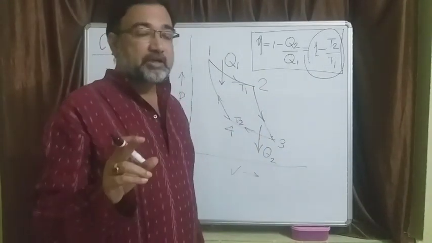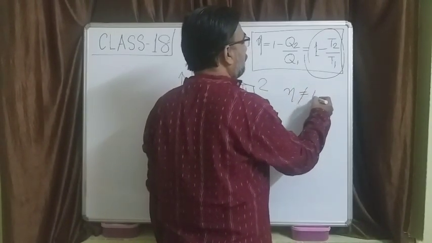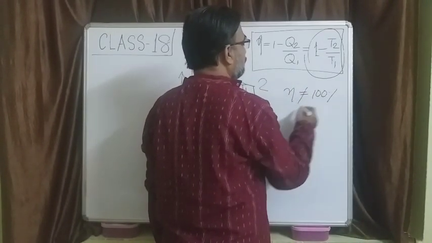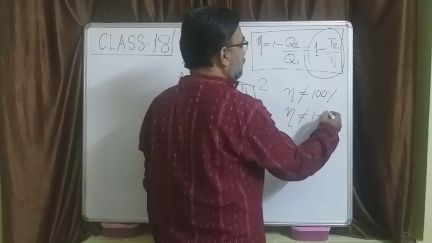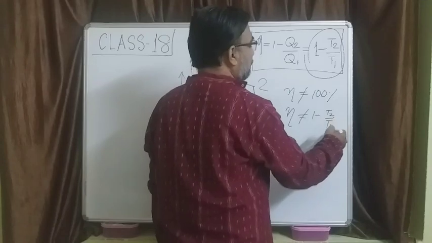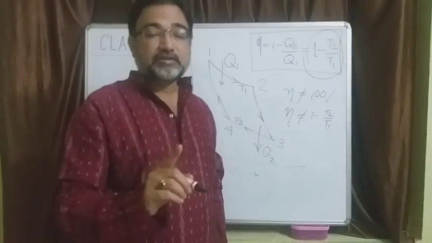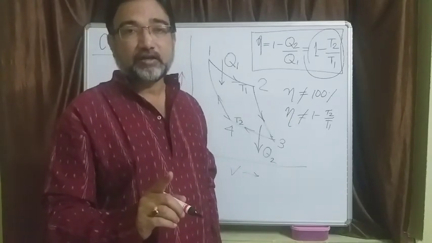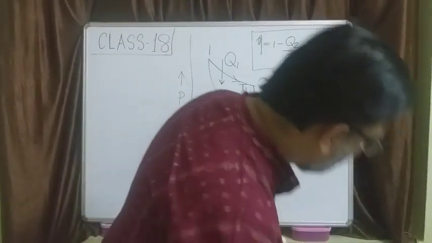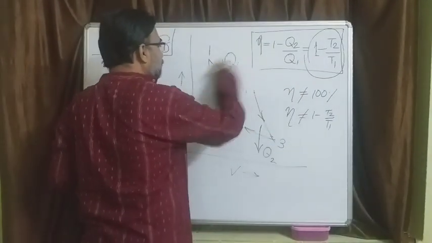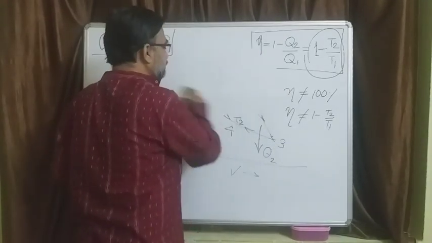From the Kelvin-Planck statement of second law, we learned that efficiency cannot be 100%. From this concept we learned that efficiency of any engine cannot be equal to 1 minus T2 by T1 unless it is a Carnot cycle. Okay, so this is what we learned about Carnot cycle in the last class. So Carnot cycle is the cycle having maximum efficiency.